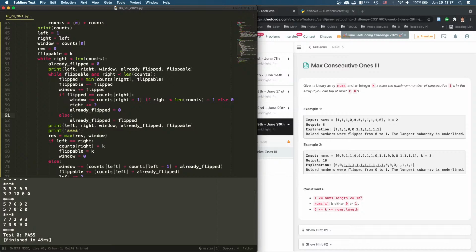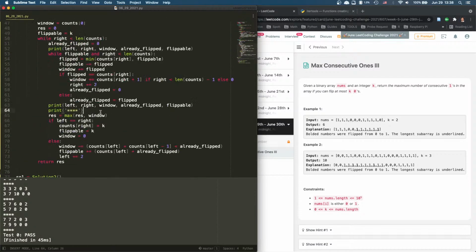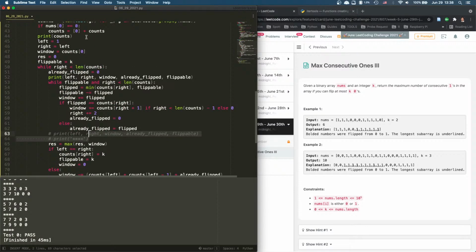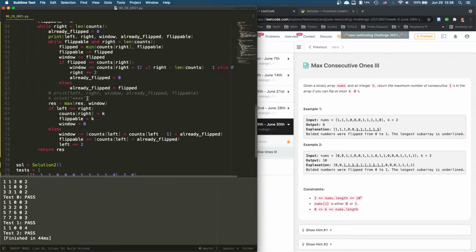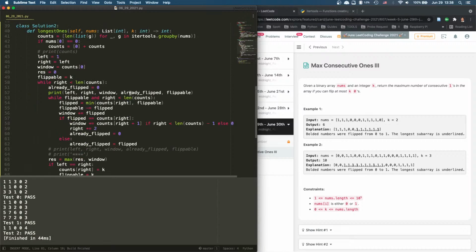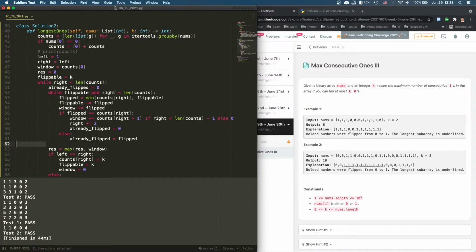Otherwise, already flipped is the current flipped. Do this, now we pass. Okay, now we're going to comment out all the prints, and let's try the other things. Oh, they all pass. Why do we have so many prints? I'm going to comment out all the prints.